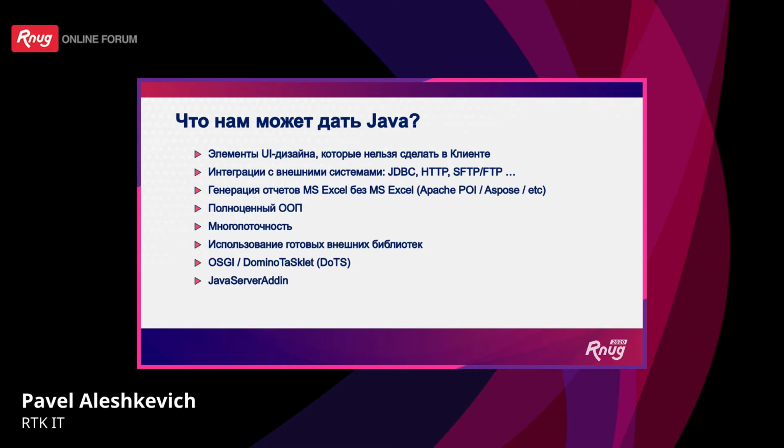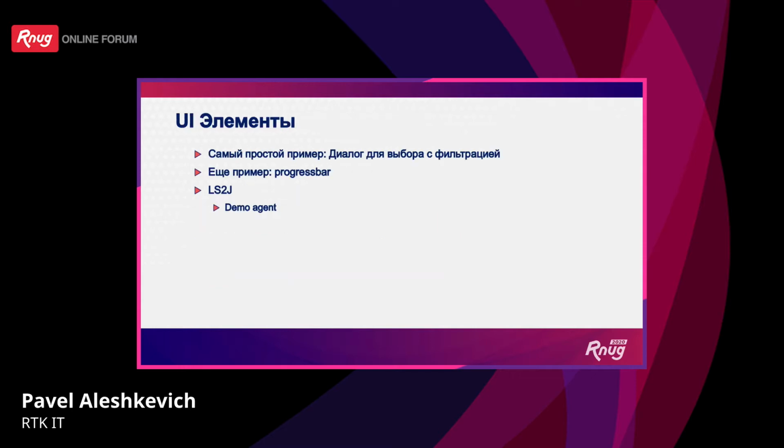It also allows us to have a Java server add-in, which is launched together with the server or started in a separate thread. This is similar to HTTP replicators, etc., that can be written by ourselves, either in C or in Java.